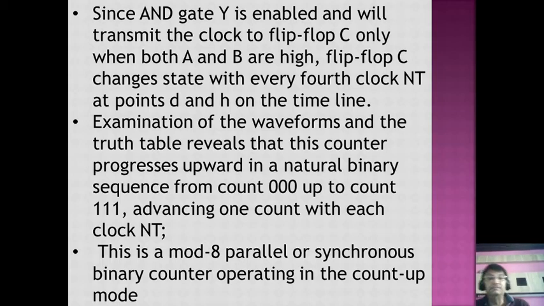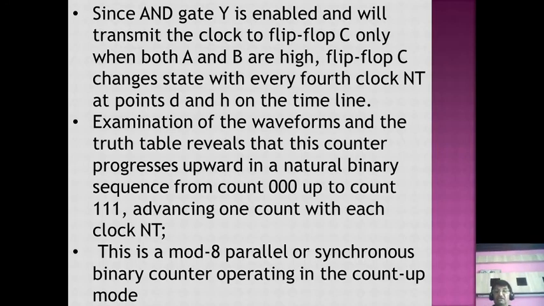Examination of the waveform and the truth table reveals that this counter progresses upward in a natural binary count sequence from count 000 to count 111, or in decimal 0 to 7 in the upward direction, advancing one count with each clock negative transition, and hence we can say that it is operating in count up mode.